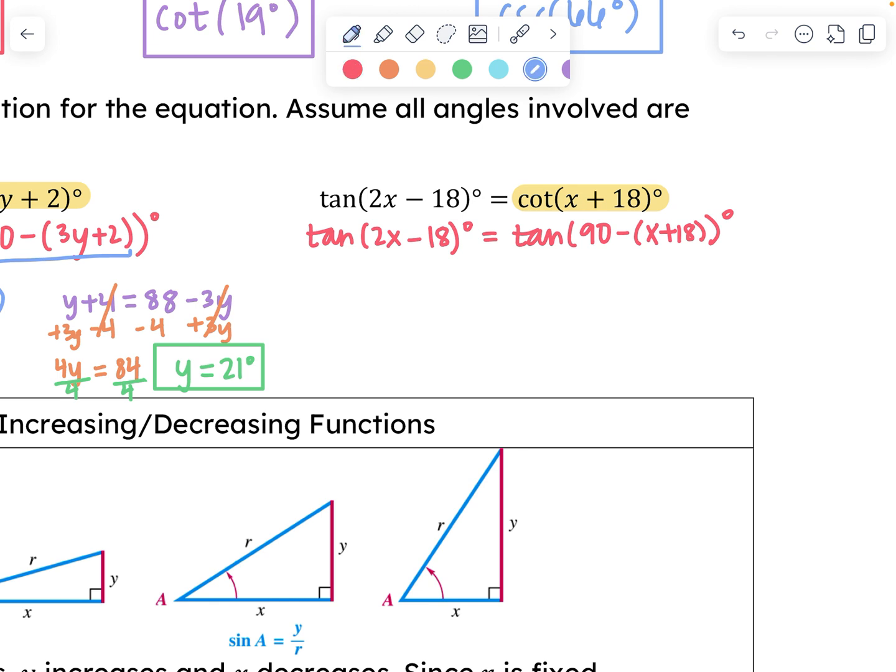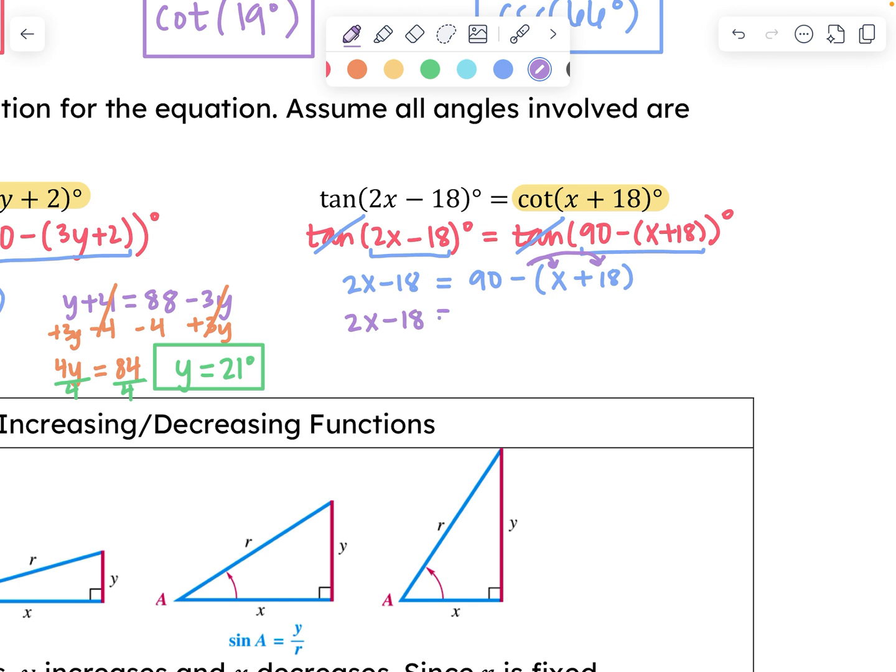I'm going to just look at what was inside of my tangents now. So 2x minus 18 is going to equal the 90 minus the x plus 18. I'm going to distribute. So I get 2x minus 18 is equal to 90 minus x minus 18.